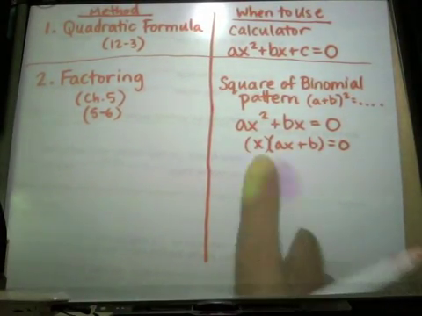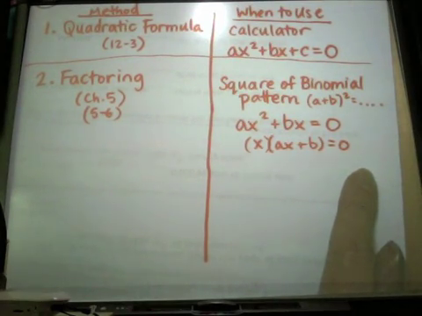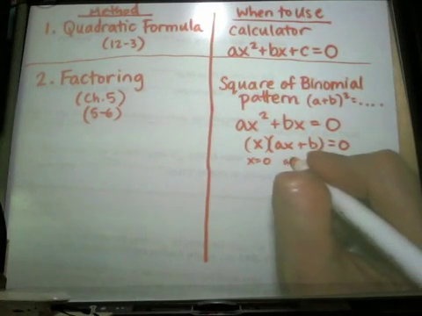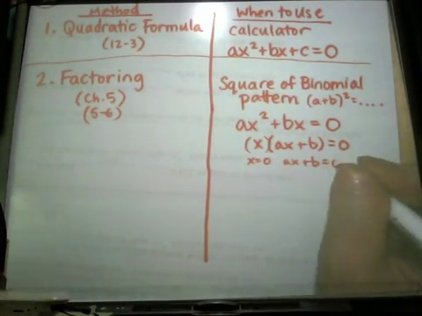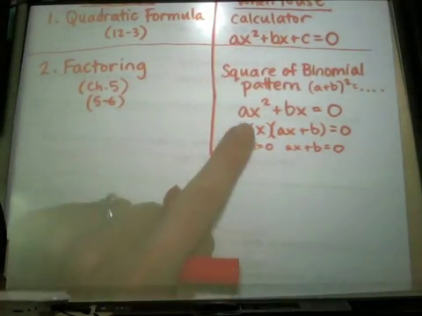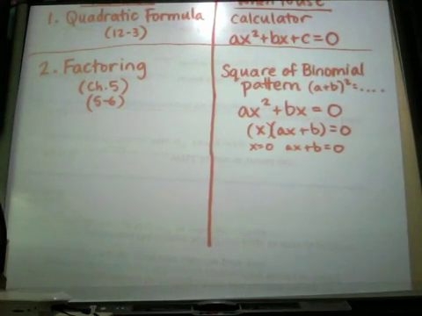I factored it out. And then I have 2 factors that multiply to equal 0. I don't know which one equals 0, so I'm just showing you a review of how this would go. You'd set each one equal to 0, and guess what? Then you're going to get 2 answers. So we take our first factor, set it equal to 0, solve, take our second factor, because if they're multiplied and they equal 0, one of them must be 0. I test them both, I get my 2 answers. So I'll show you an example of that when we get to some sample problems here.